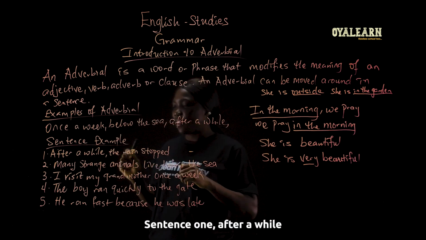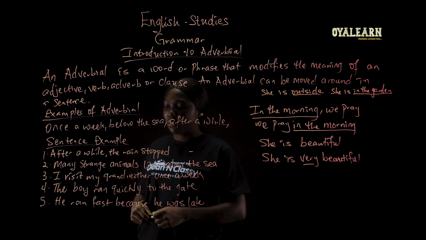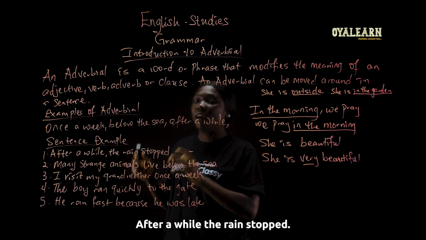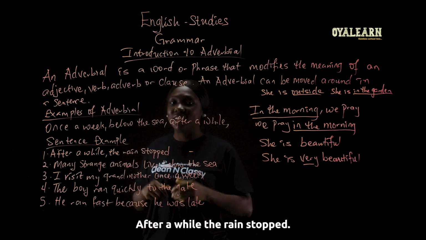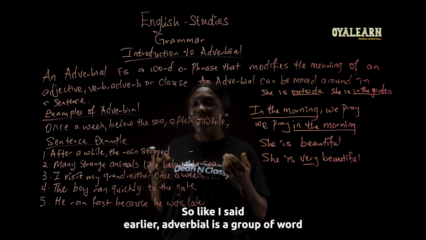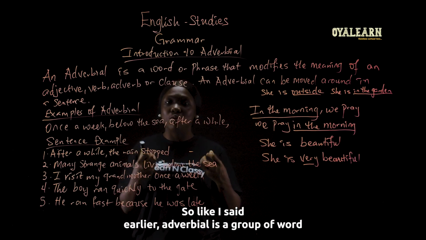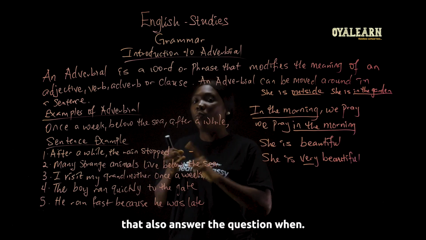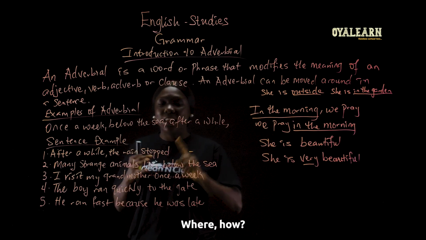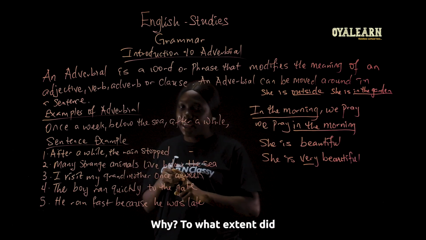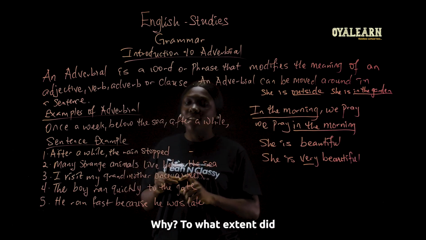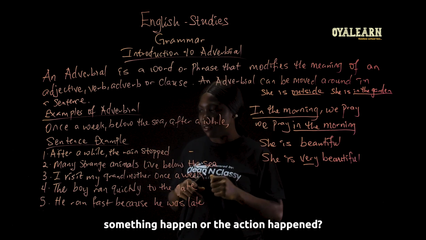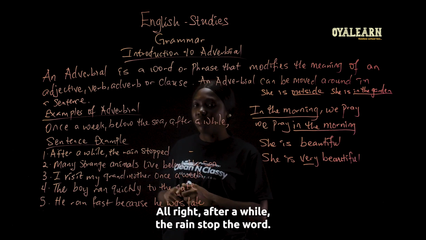Sentence 1. After a while, the rain stopped. So like I said earlier, adverbial is a group of words that also answer the question when, where, how, why, to what extent did something happen or the action happen. All right, after a while, the rain stopped.